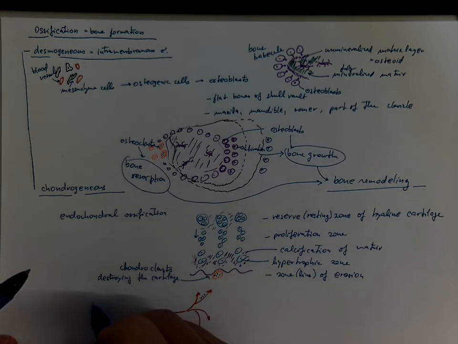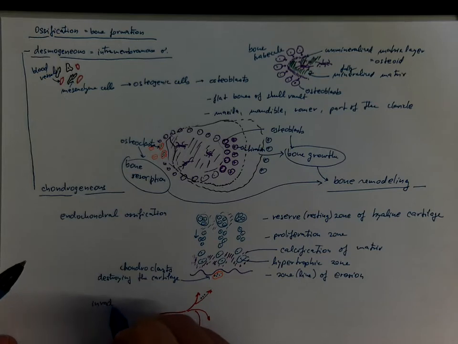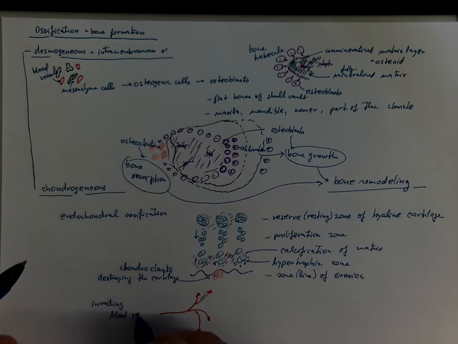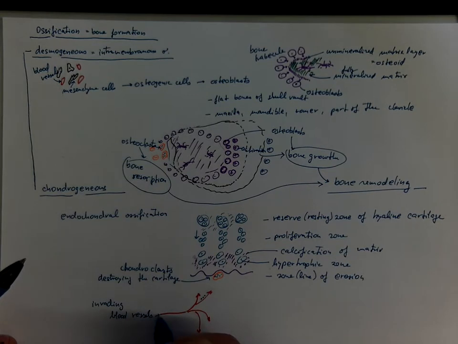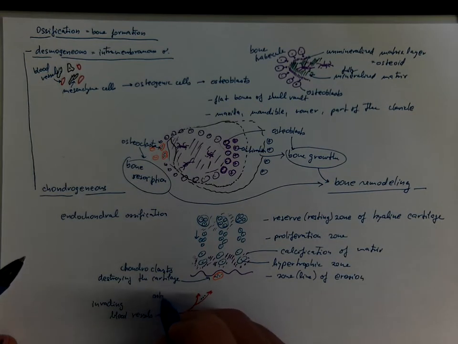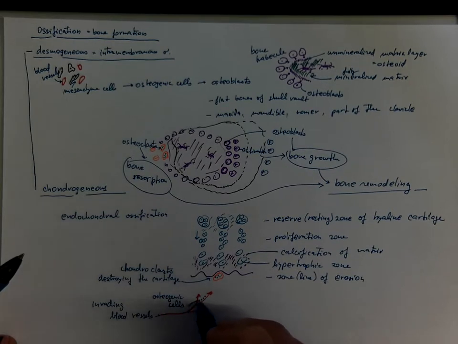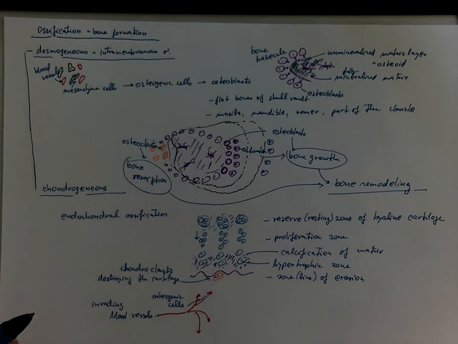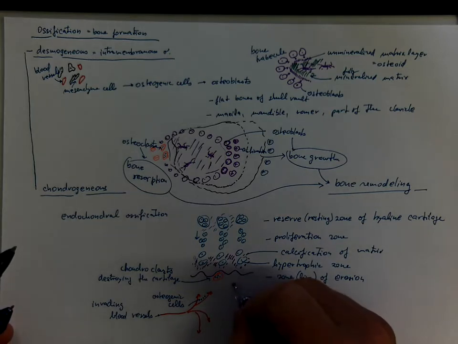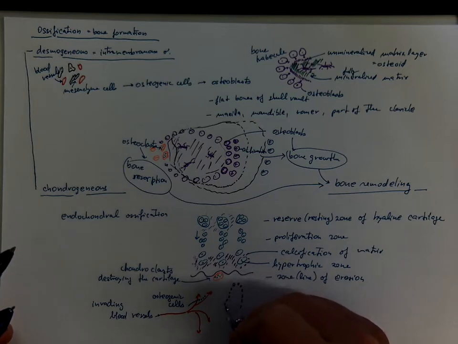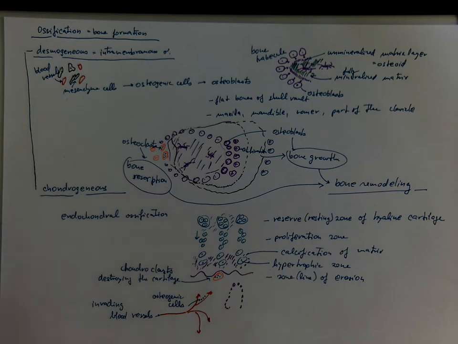So invading blood vessels with osteogenic cells, mesenchymal osteogenic cells, which differentiate into osteoblasts that will produce the bone matrix.